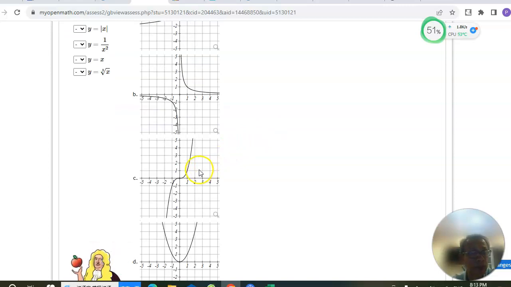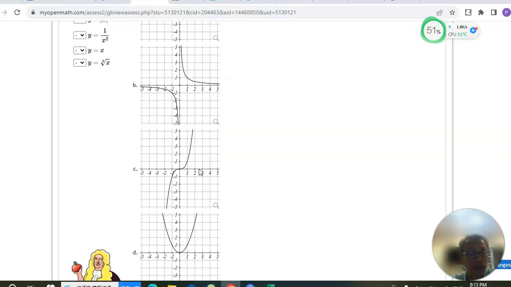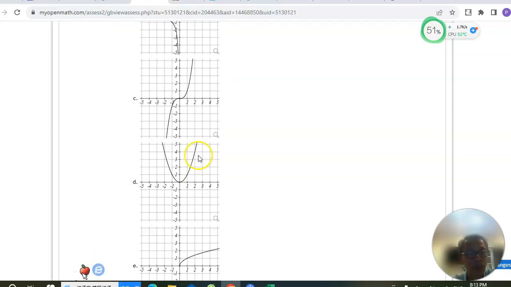And the C function is not common either, so let's ignore C. Let's look at D. D is an extremely important function, y equals x squared, because look: when x equals 1 or x equals minus 1, y equals 1. When x equals 2 and when x equals minus 2, in both cases y equals 4, because it's x squared.